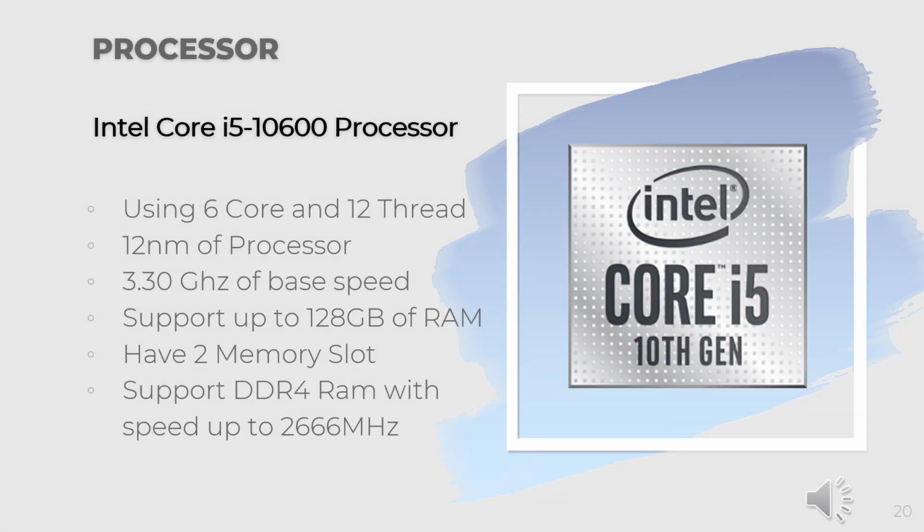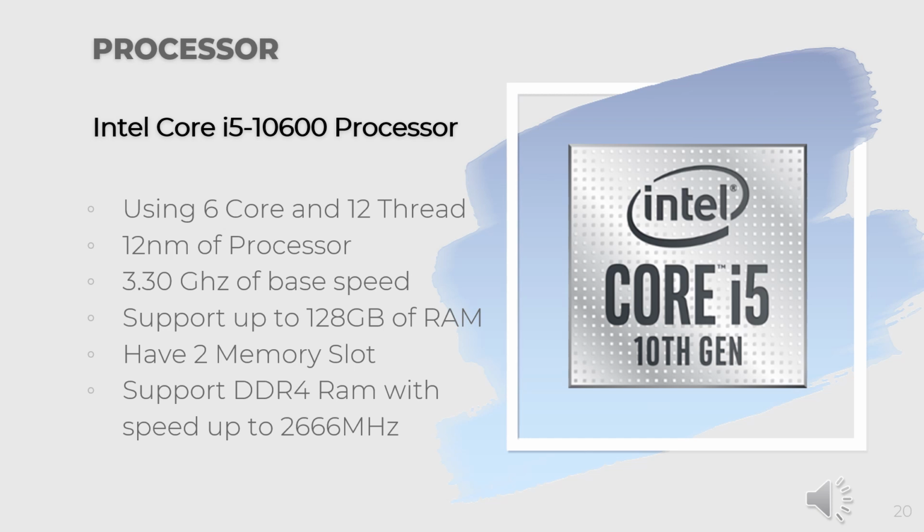For the processor, Maybank uses Intel Core i5 10th Gen, which is the i5 10600 processor. This processor has 6 cores and 12 threads, and the chipset uses a 12 nanometer process. The base speed of the chipset is 3.3 GHz, which is fast.